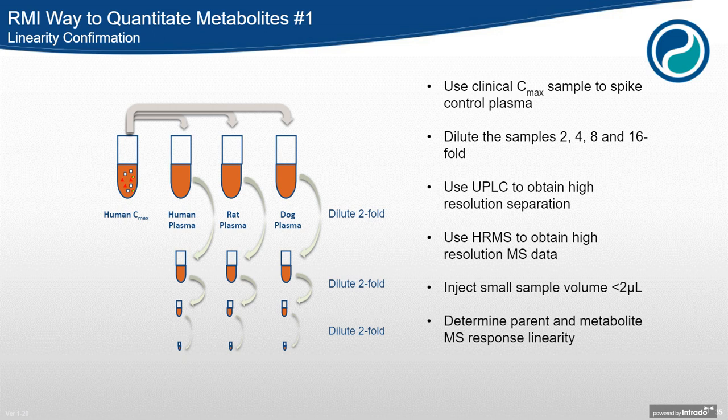So we generate a dilution series, 2, 4, 8, and 16-fold, for example, diluted. We now use HPLC and HRMS to obtain data, and we determine the parent and metabolite response at each of those dilutions, and hopefully generate data much like the next slide, please.